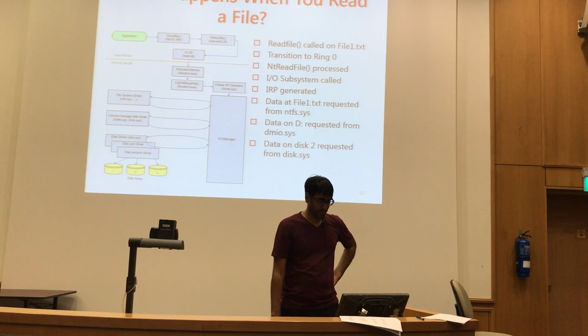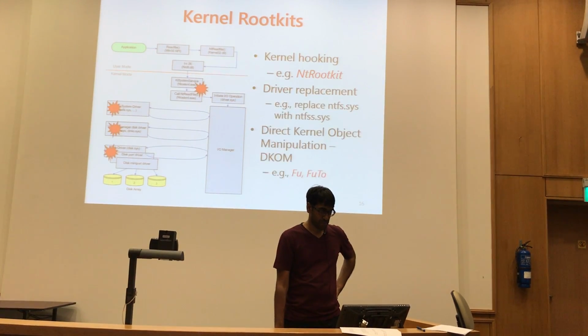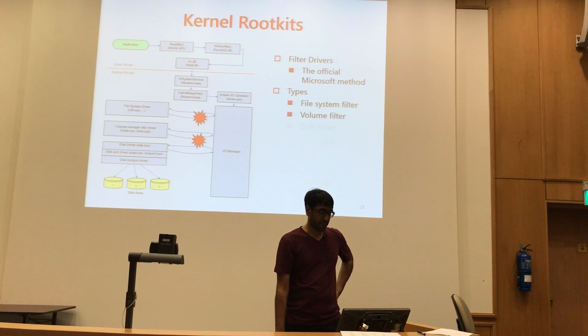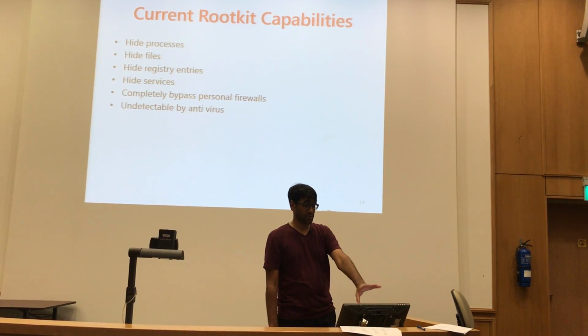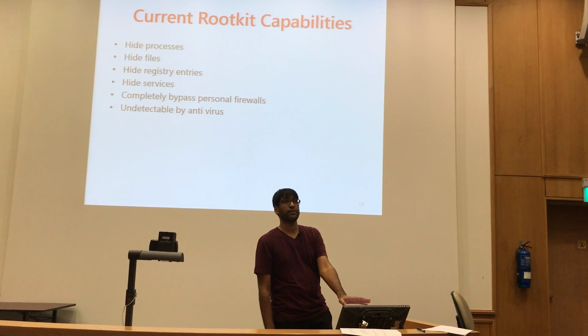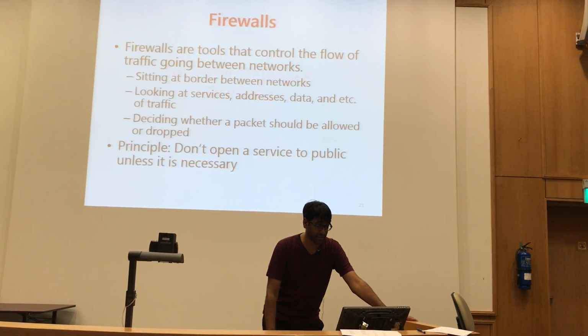Where all can they intercept? Lots of different places. Then in terms of techniques, oh, by the way, you should know about what rootkits are capable of doing today. Certainly know what it means.